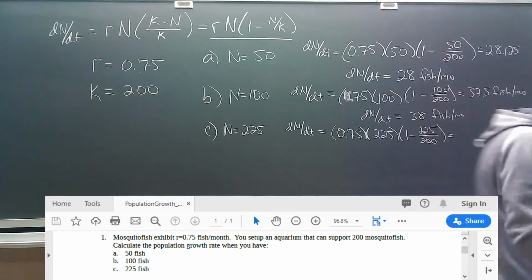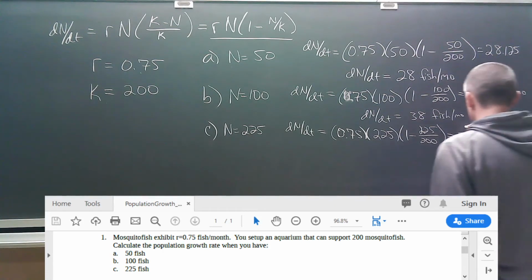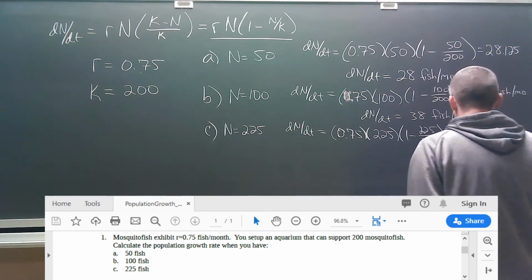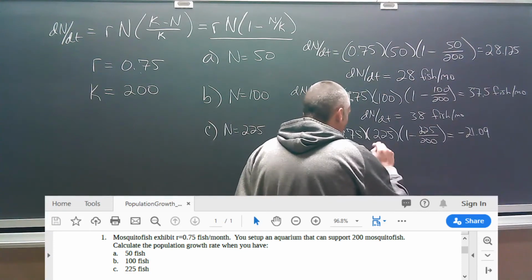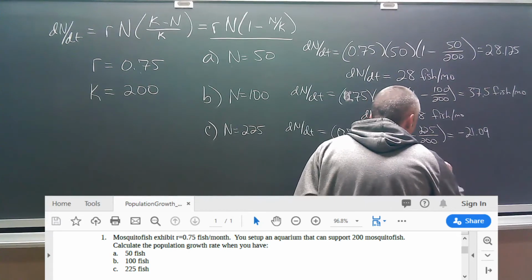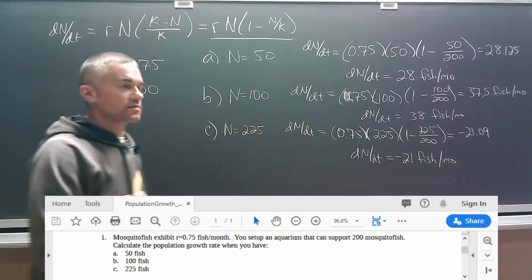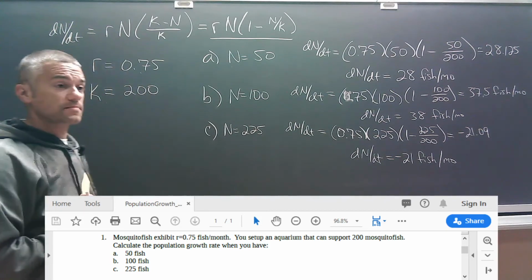And when we calculate this, we actually get a negative number. We get negative 21.09, which rounds to whole numbers of negative 21 fish per month. Now the question is, does this make sense? And it should make sense.